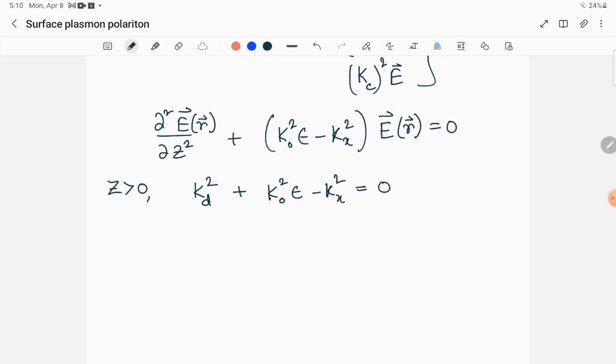This should go to 0, and for z less than 0 we have kc square plus k0 square epsilon minus kx square. This should go to 0. Okay, so these relations we will need again later on, so please remember them, and this is where I'll stop today's lecture. Thank you.